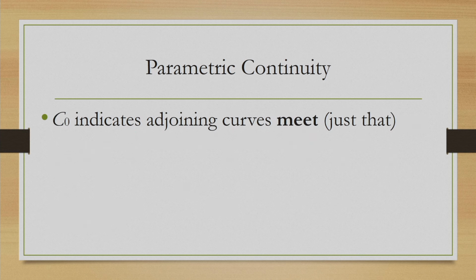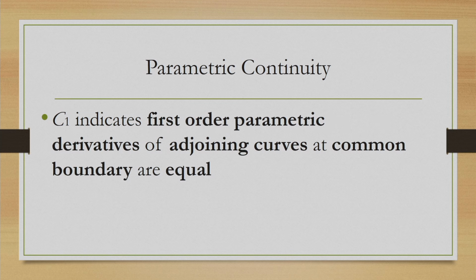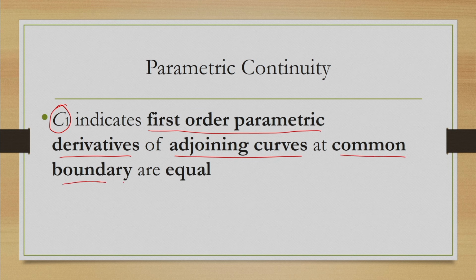So, the first parametric continuity condition is C0 or the 0th order condition, which simply states that the adjoining curves meet. It is just that, the simple condition. Now, the first order parametric condition C1 indicates that the first order derivatives of adjoining curves at common boundary are equal.